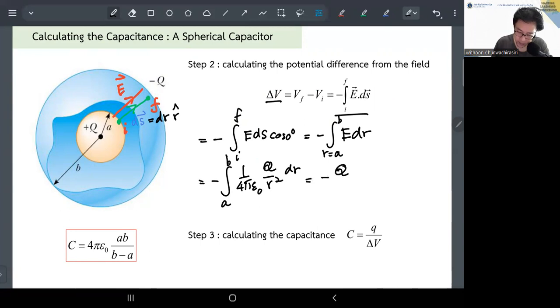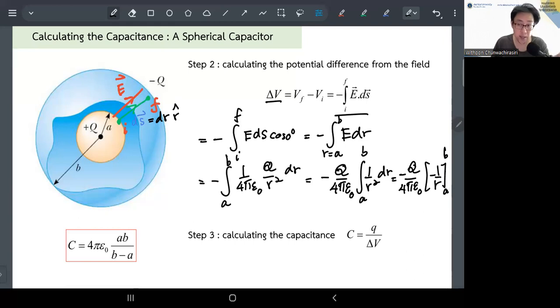Q is constant and can be pulled out, and 4 pi epsilon naught can be pulled out as well. What's left is the integral of 1 over r squared from a to b. Everyone knows how to do this, because the integral of r to the negative 2 is negative 1 over r. So we get negative Q over 4 pi epsilon naught, times negative 1 over r, from a to b. Nice, and that's it, guys. I can leave the negative sign there.